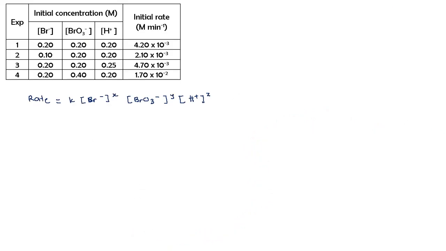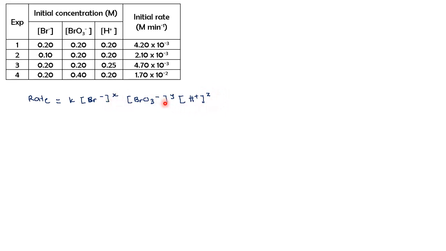First, you need to write the rate law, which is rate equals rate constant k, and the concentration for the first reactant Br minus to the power of x, and BrO3 minus with order y, and then concentration of H plus with order z.